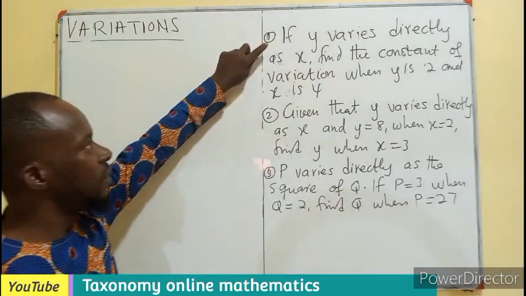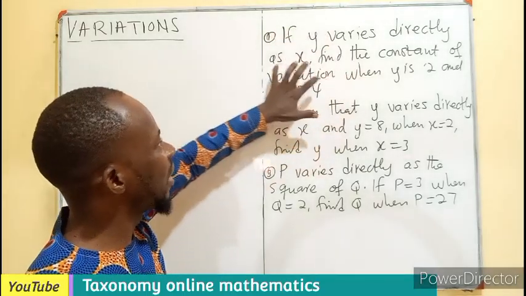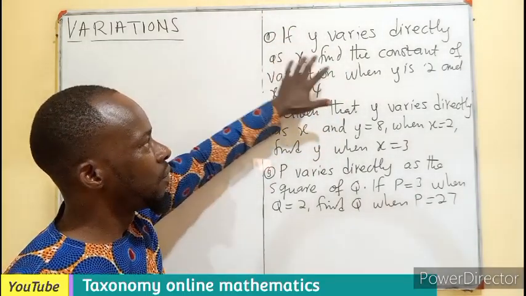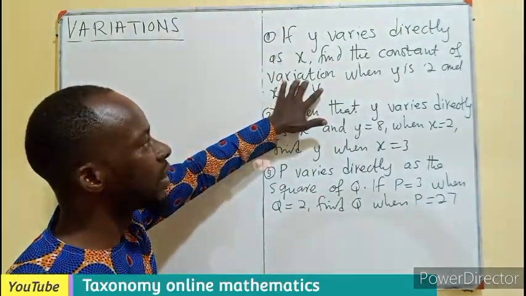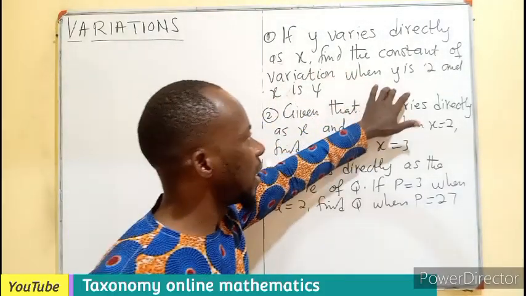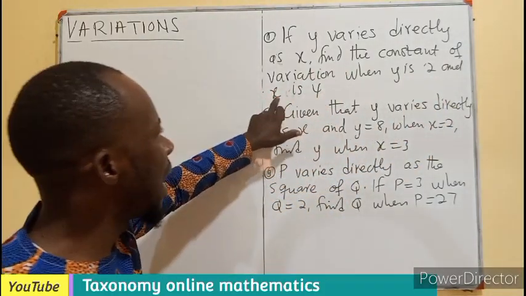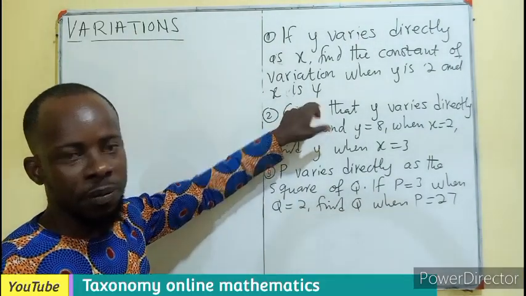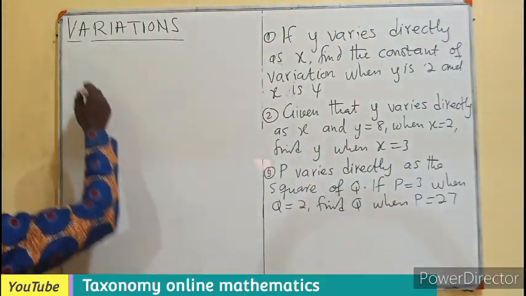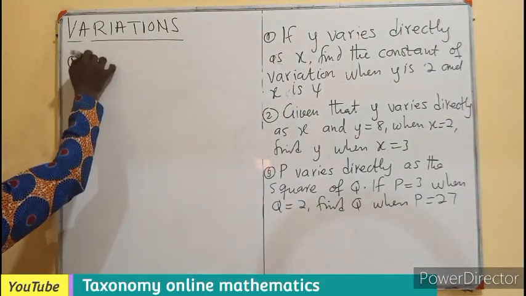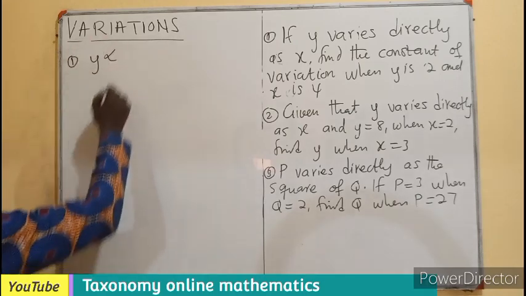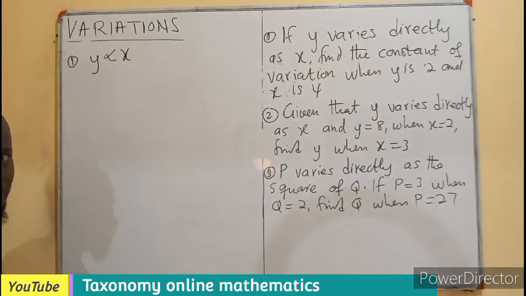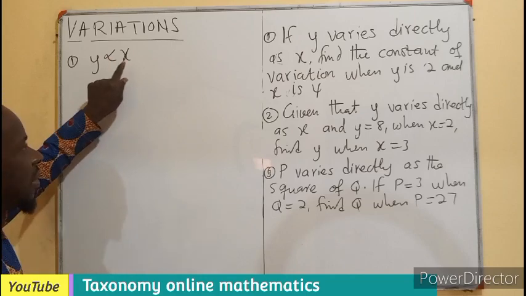Question number 1. If y varies directly as x, find the constant of variation when y is 2 and x is 4. So we are going to start our relation by saying that y varies directly as x.